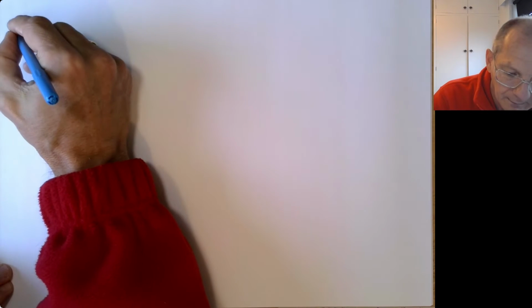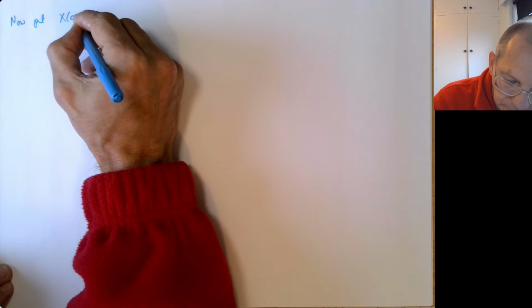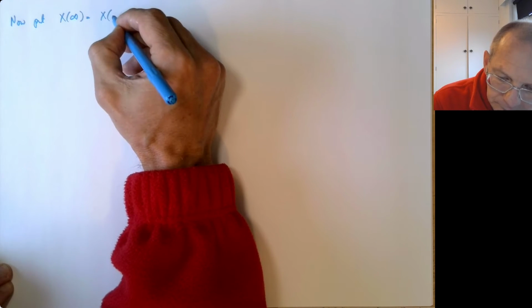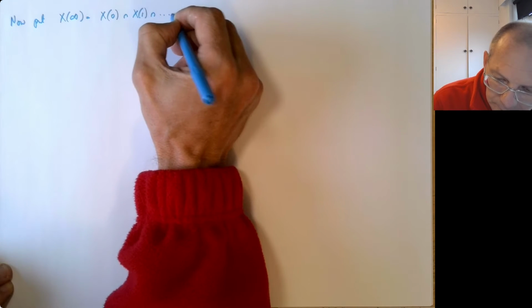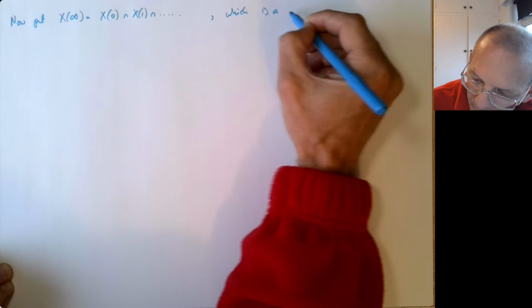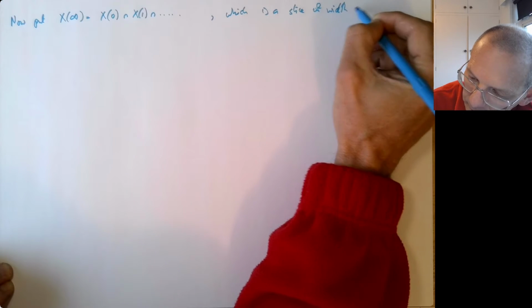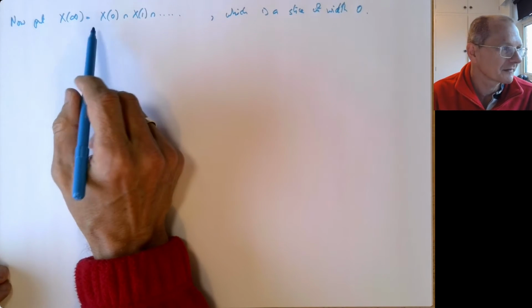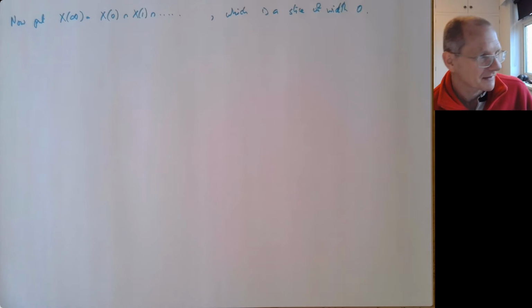Okay, so now remember, each of these X_j's is a slice of width 2 to the minus j, and they're nested inside each other.